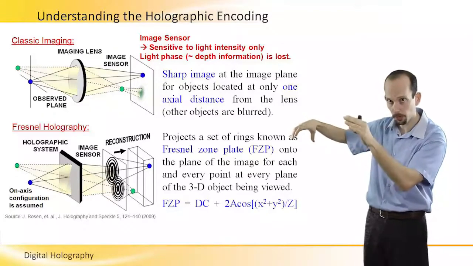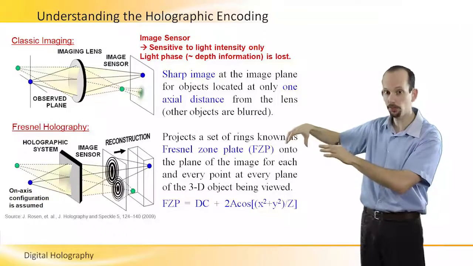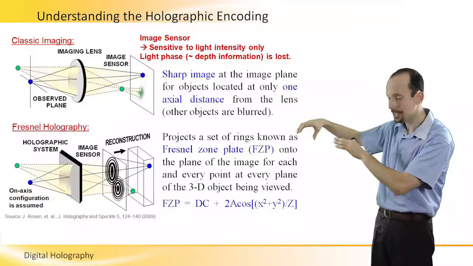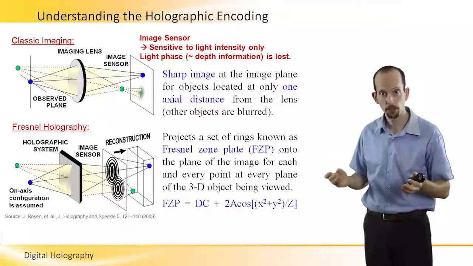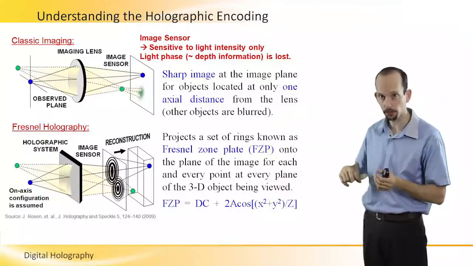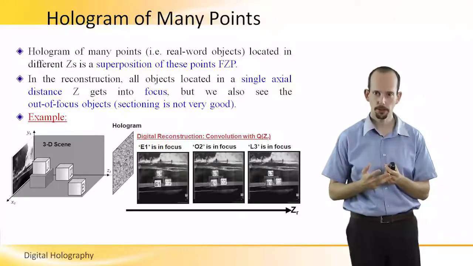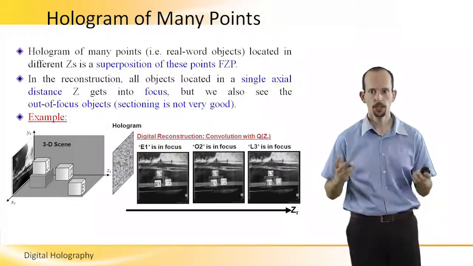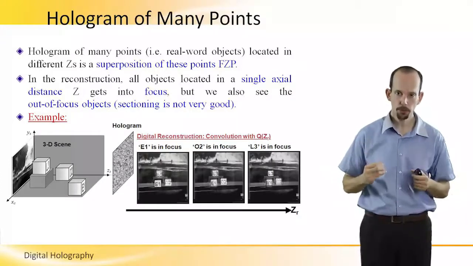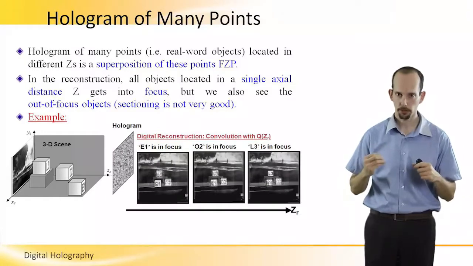So even if the point is far from the focus, I will get a Fresnel zone plate with a different frequency. And this hologram is actually a superposition of the Fresnel zone plates of these 2 points. So a hologram of many points is composed of a superposition of these points' Fresnel zone plates.